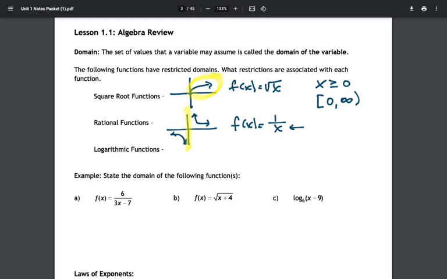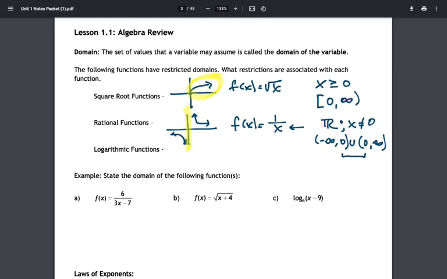Whatever makes that denominator 0 should be excluded. To exclude that, a lot of times we just say all real numbers and x cannot equal 0. Or we write it in interval notation, negative infinity to 0, with parentheses because we don't want to include the 0, and then union 0 to infinity. That way, this excludes this 0 right here from all real numbers.